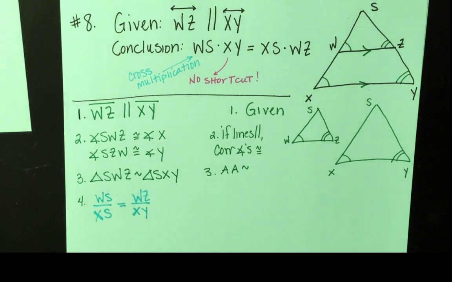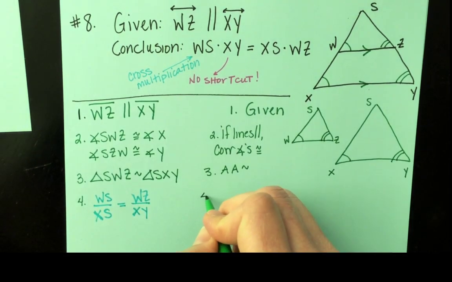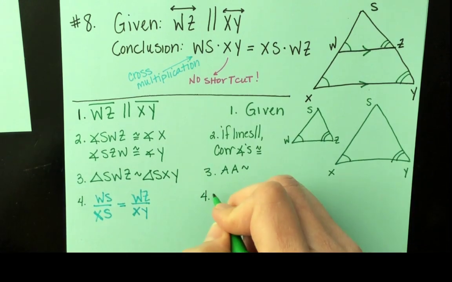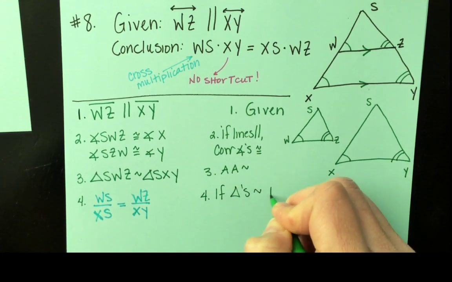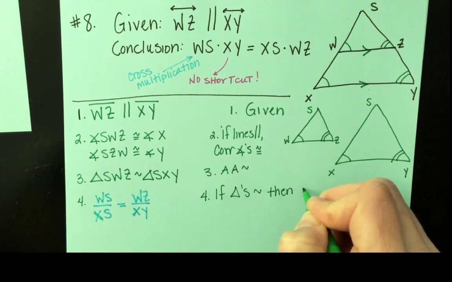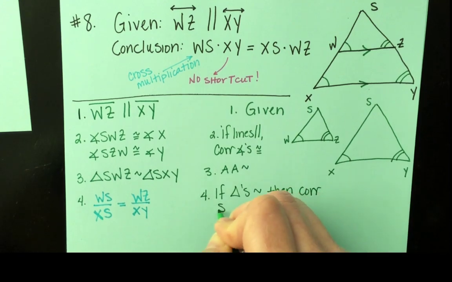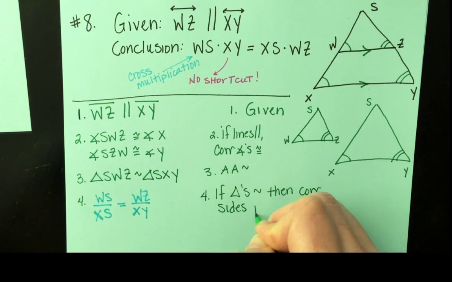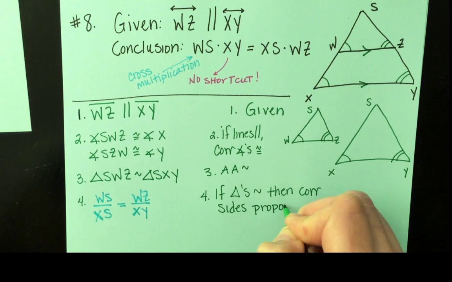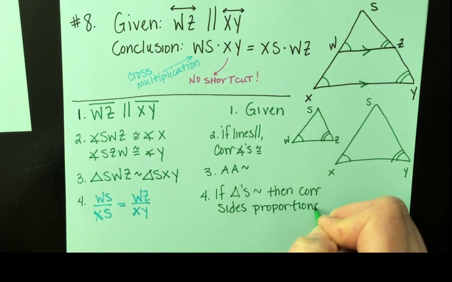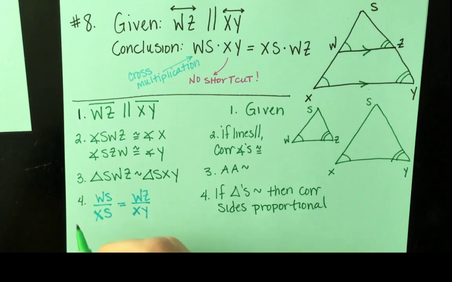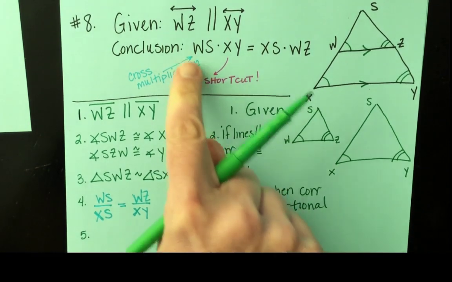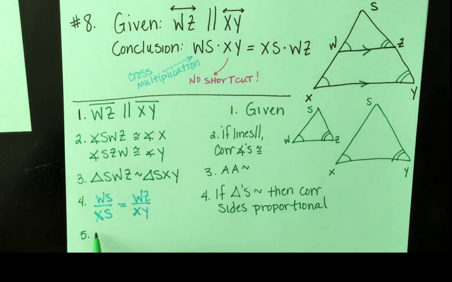Now my reason is just like we said in the last one. If triangles are similar, then corresponding sides are proportional. And obviously we know that the last step is now going to be to show that that multiplication has happened.